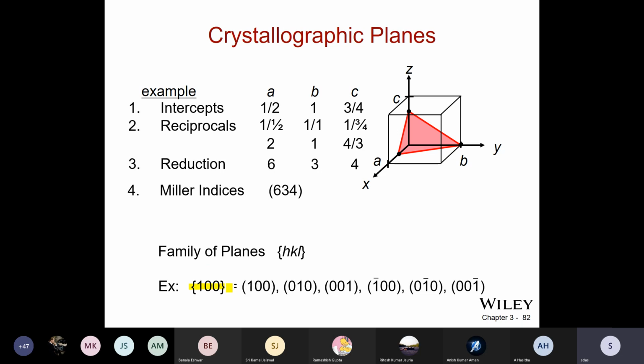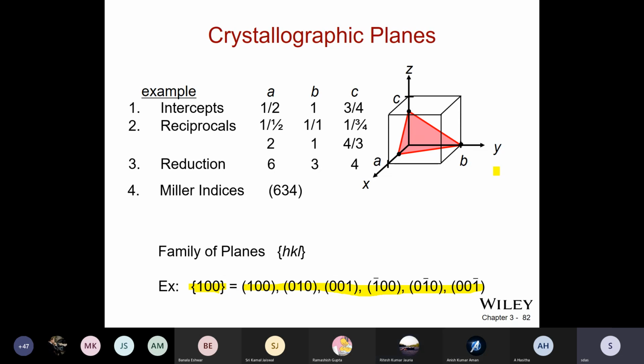What I am saying, in a tetragonal system, is this true? No, sir. Yes, sir. It's true.